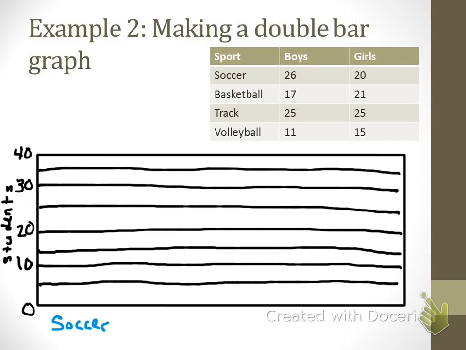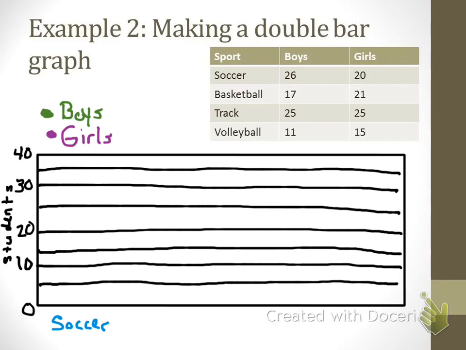On your homework tonight, you need to have a key. Green is going to be for boys, and purple is going to be the girls. It's important that you have a key so that whoever's reading your graph knows which one stands for which category. I'm going to plot the boys first across all of the categories.